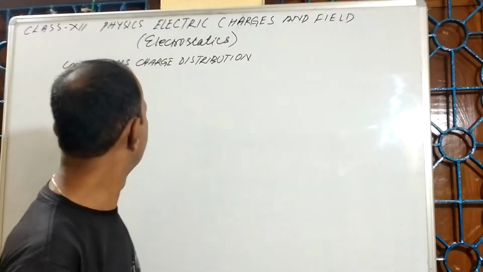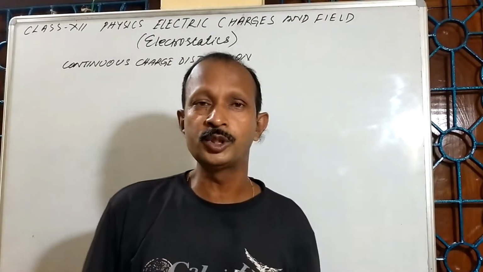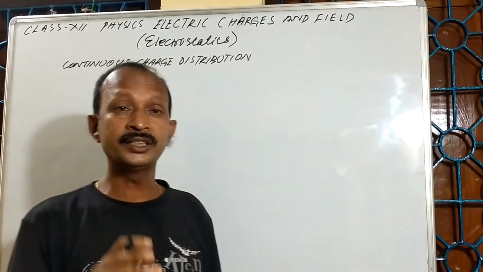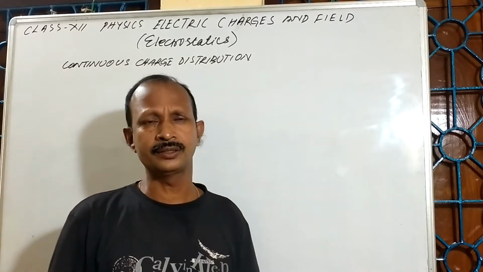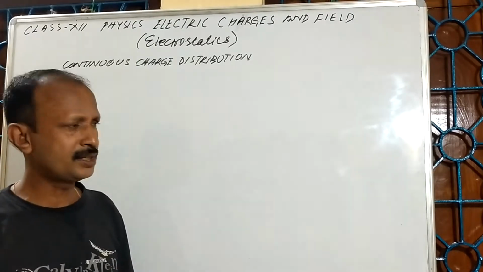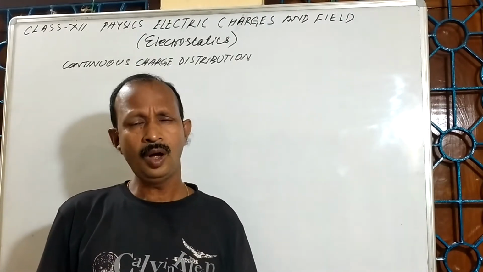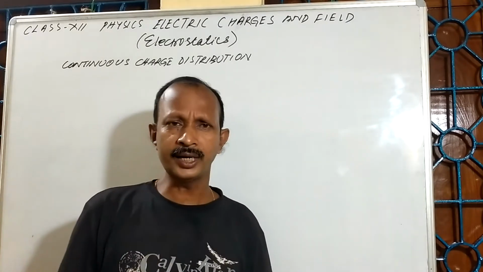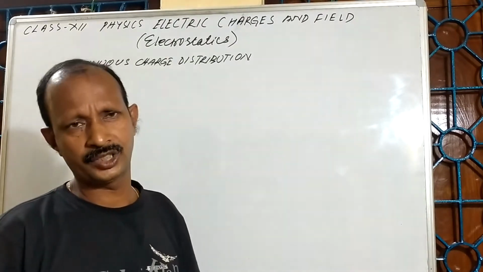So today's topic is continuous charge distribution. In fact, we know that charge is discrete. We can't think of a charge less than the basic charge, in the sense of either the charge of an electron or the charge of a proton, because we know that charge is quantized.